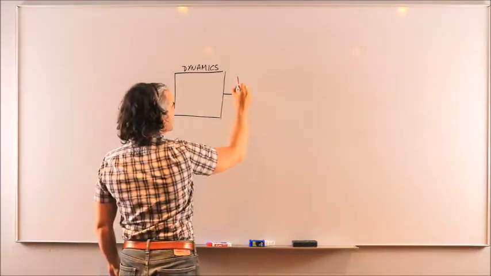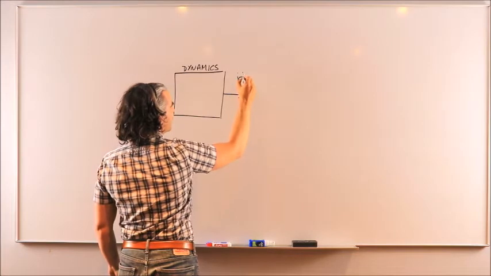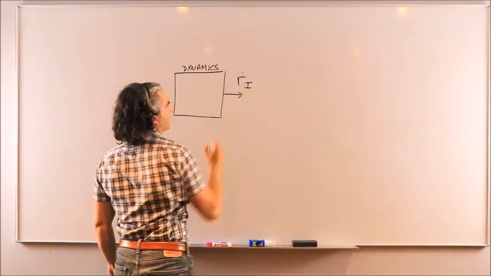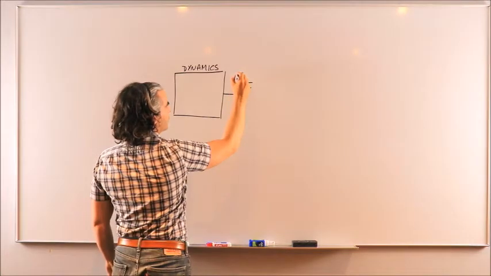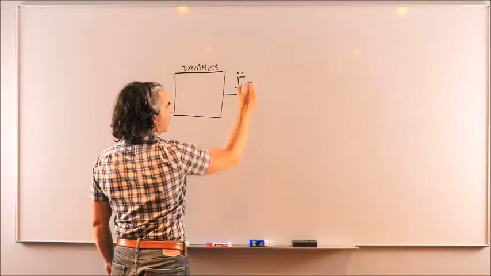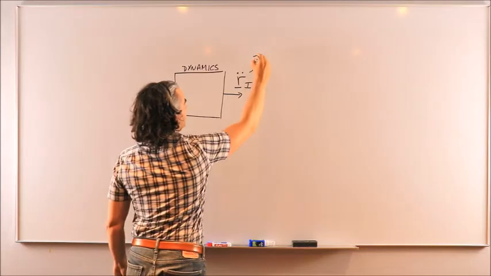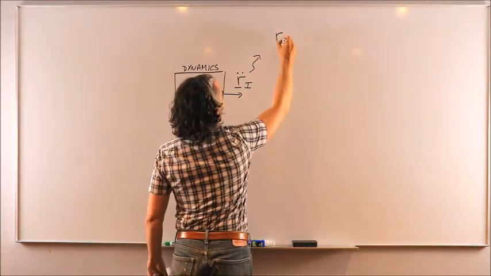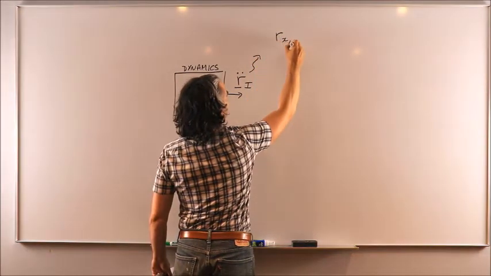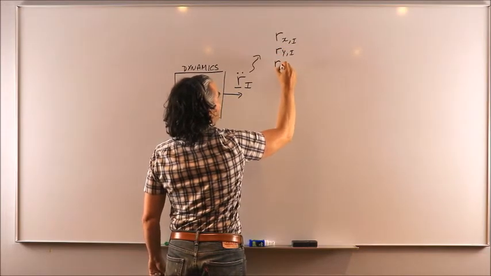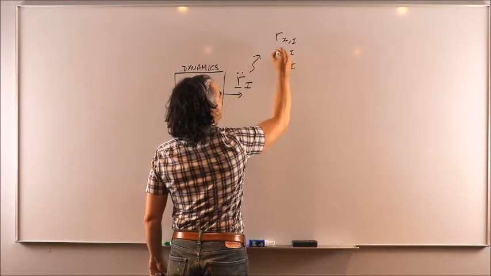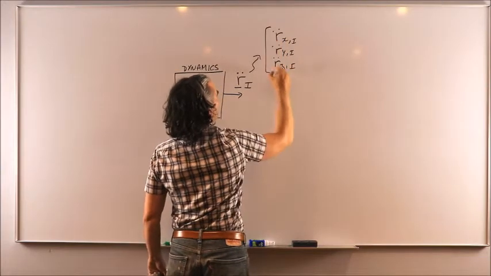So these are R double dot in an inertial reference frame that we will define in a moment. But remember that this is a 3x1 column matrix, so this contains R_X^I, R_Y^I, R_Z^I in terms of acceleration components.